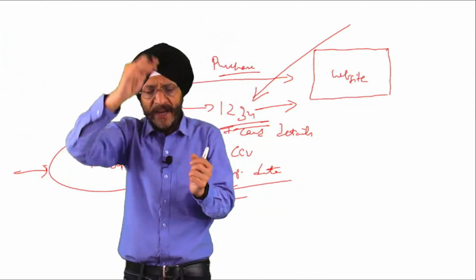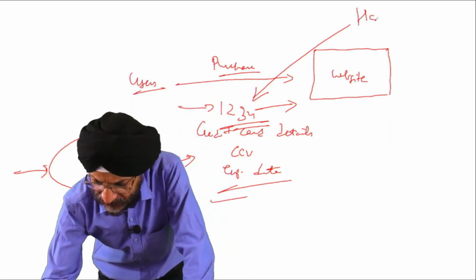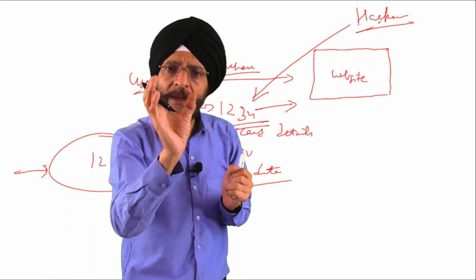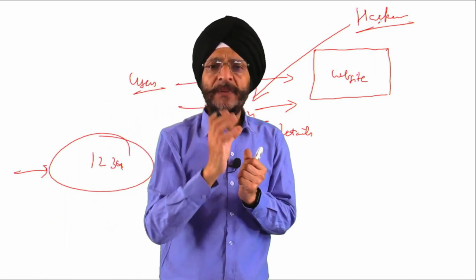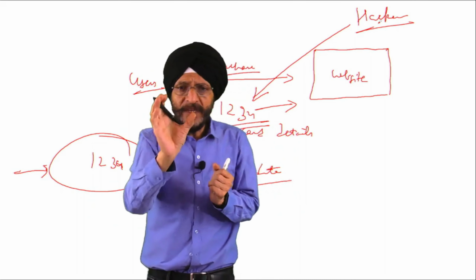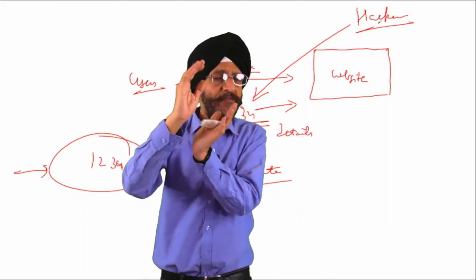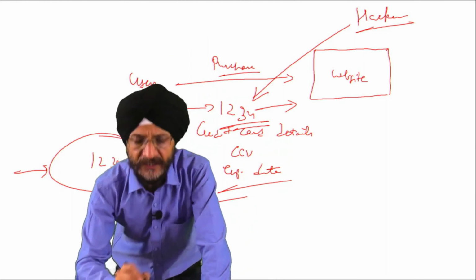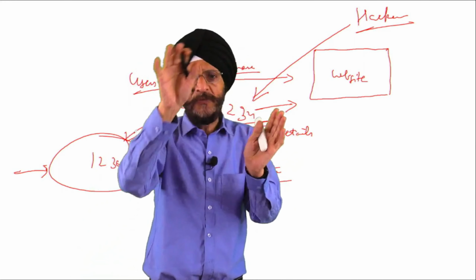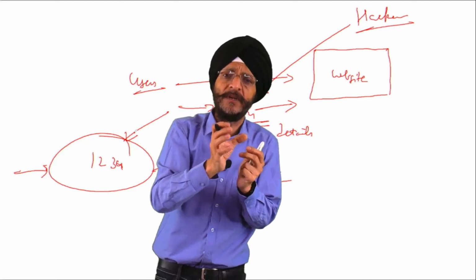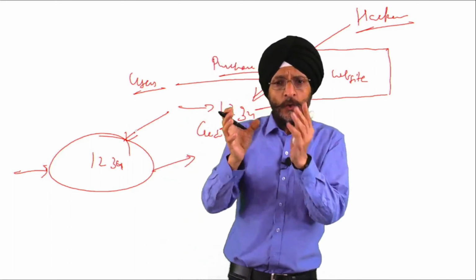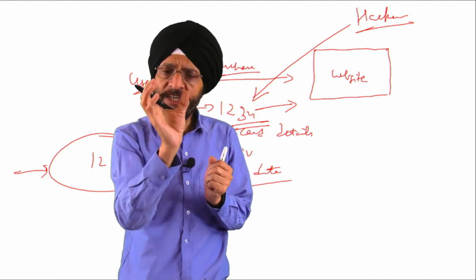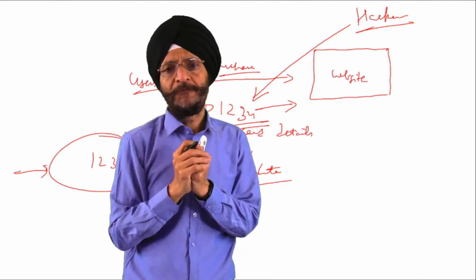Even if the hacker intercepts the communication, the hacker will not be able to read it because the information will be in an encrypted form. Firstly, he will not be in a position to reach that information because it will be in the form of a tunnel. Even if it is possible for the hacker to access that information, he will not be able to read it because it will be in some coded form.